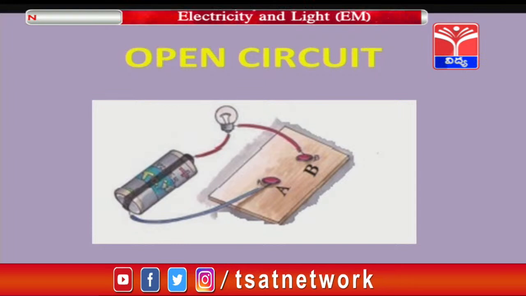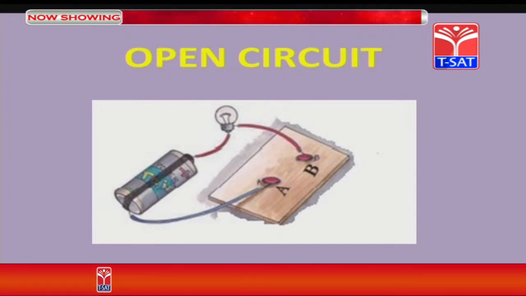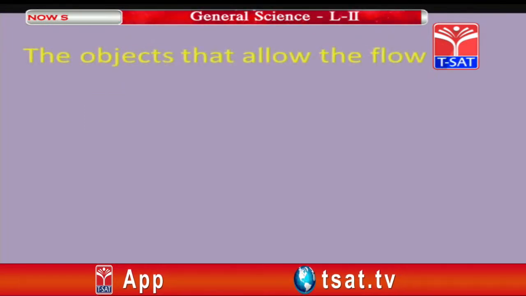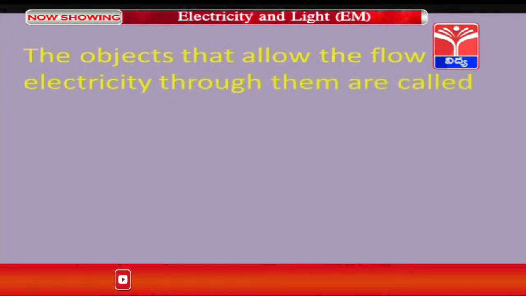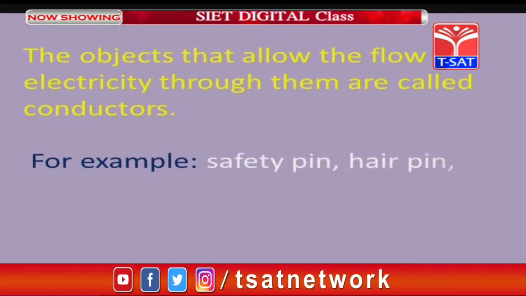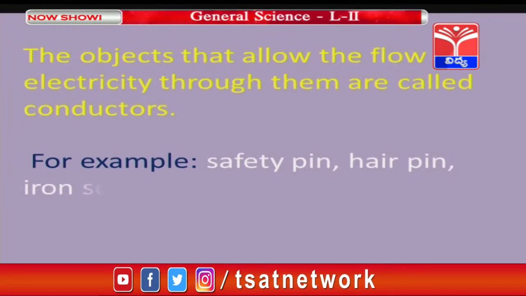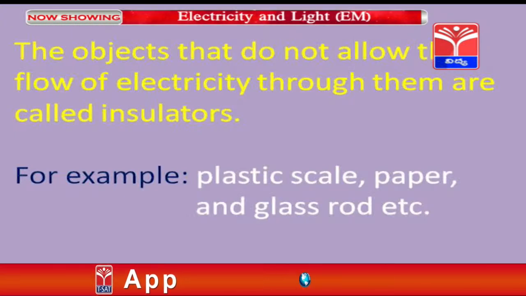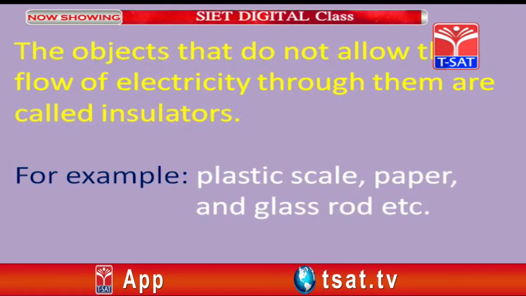There are some materials which allow the passage of electricity through them, called conductors. The objects that allow the flow of electricity through them are called conductors, for example safety pin, hairpin, iron screw, etc. The objects that do not allow the flow of electricity through them are called insulators, like our plastic scale.